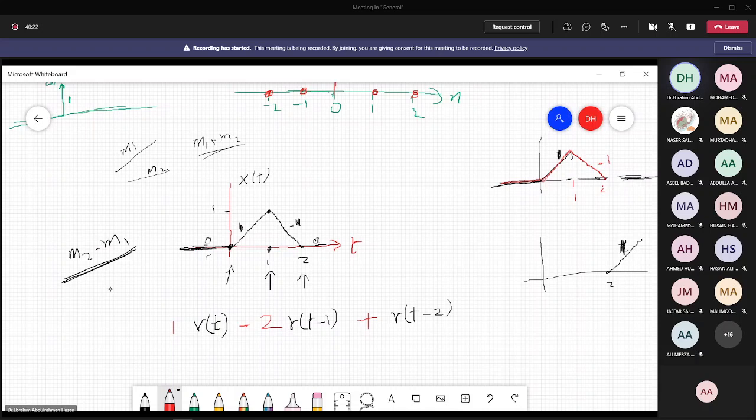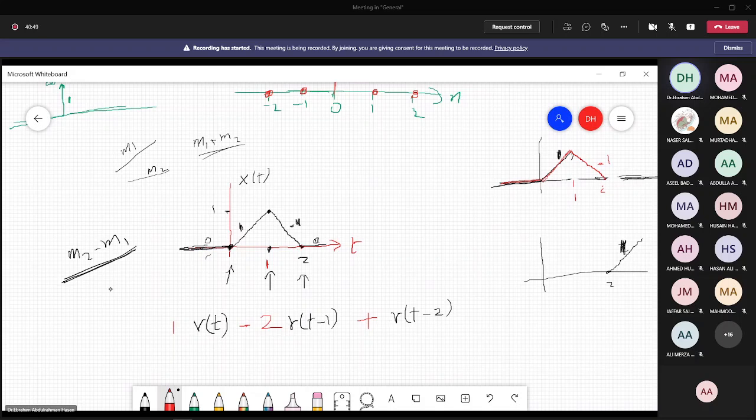So which is this. The change happens at this point. Okay, so here as we say, we need the ramp of t. Here we need the ramp but at 1, so ramp of t minus 1. Here we need a ramp but ramp of t minus 2. Okay, how to find the k, which is equal to m2 minus m1.